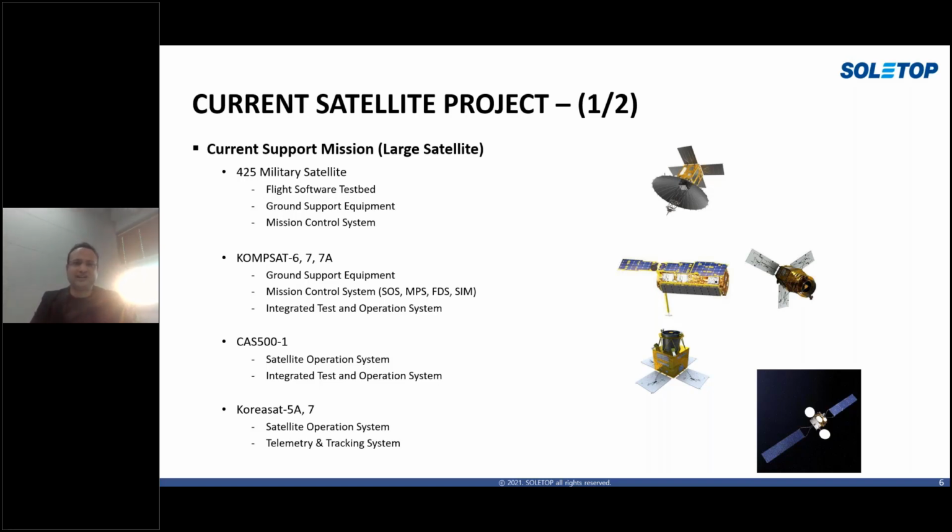So we are talking about the satellite development part, and slowly I would get into how the FreeFlyer is contributing to the entire, not only Soletop, but also the entire country, and how we are changing the dynamics over in this peninsula. So KoreaSat 5A is coming, and 7 as well, and then Soletop will have a similar role in those satellites as well. We will have the operating system, and mostly TT&C would be developed for those satellites.